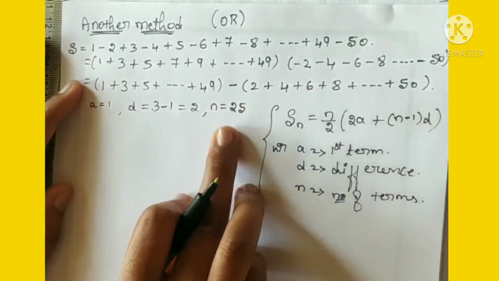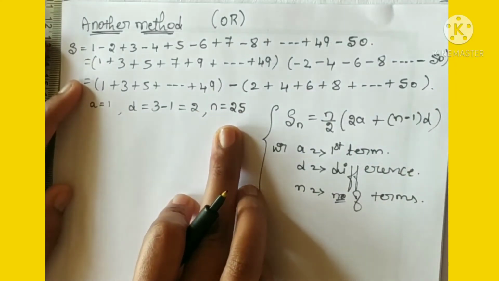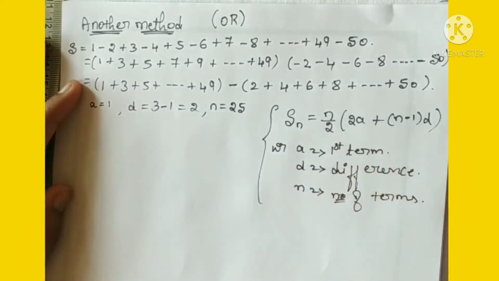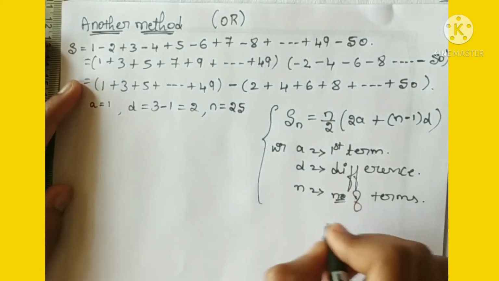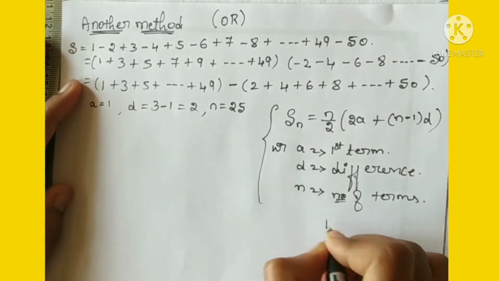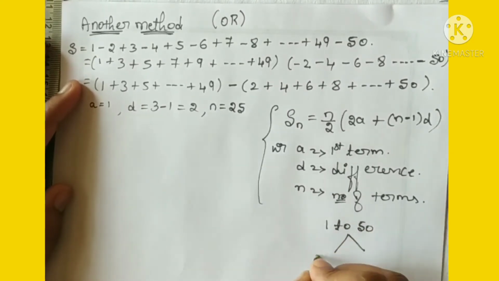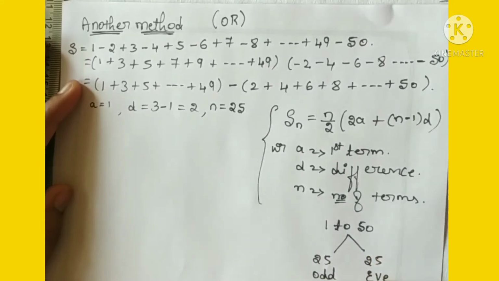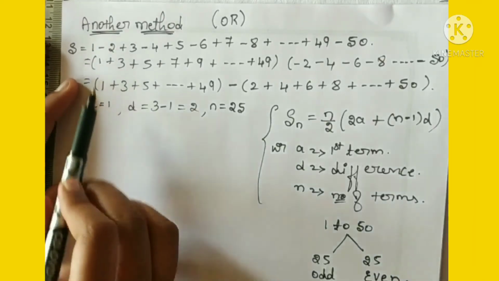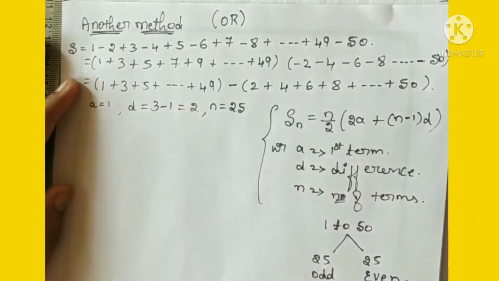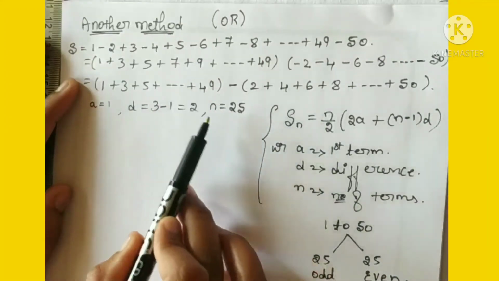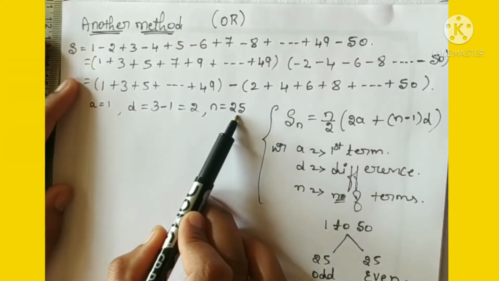Why I taken 25, because they given numbers from 1 to 50. In this 1 to 50, 25 are odd numbers and remaining 25 are even numbers. Here 1, 3, 5, these are all odd numbers, so I just consider n is equal to 25.